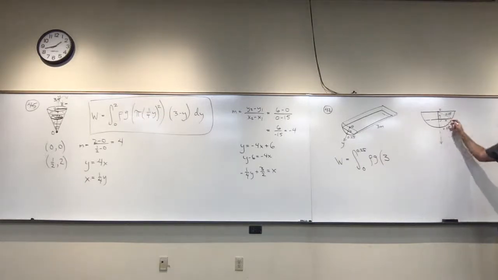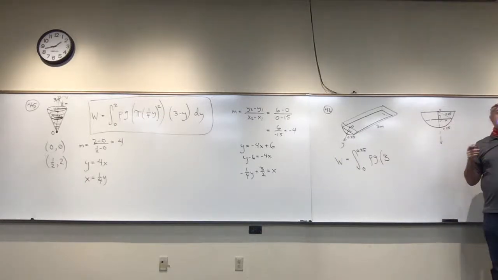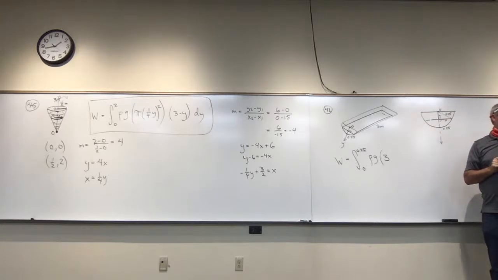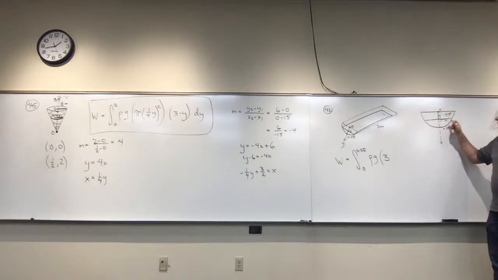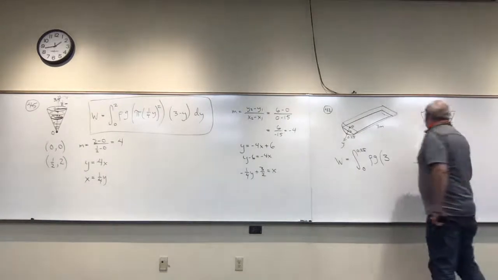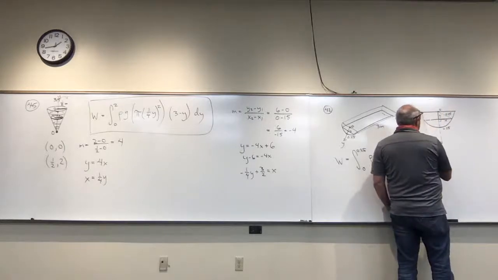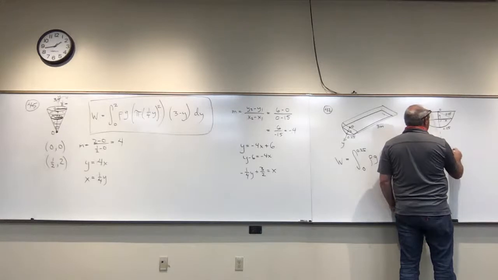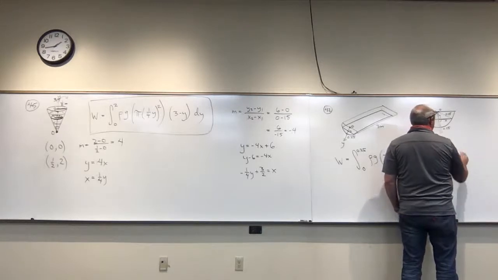Now, once I figure out x, that's not good enough, right? x isn't what I'm looking for. I'm actually looking for 2x. Agreed? Okay, so let's figure out what x is, and then whatever that is, we'll double it. So we get that x squared plus y squared is equal to 0.25 squared.